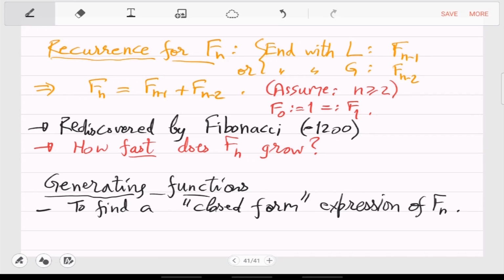Obviously using the recurrence. Once you have a recurrence, then you can apply a generating function in general. So how will it work? What is the starting point of a generating function? Yeah, so generating function is a complicated thing.